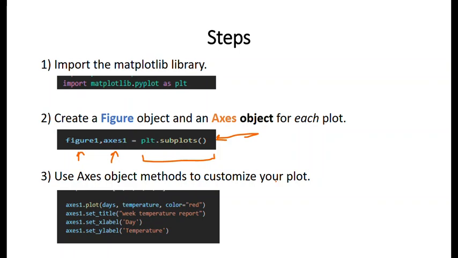The third step is to use the axis object methods to customize your plot. Remember, the axis represents the plot, right? And axis is an object, which means that it has been instantiated from the class axis, which contains a list of attributes and methods that we can use.